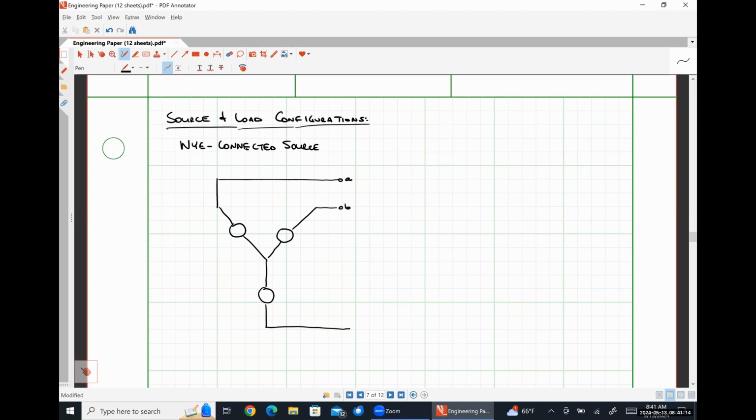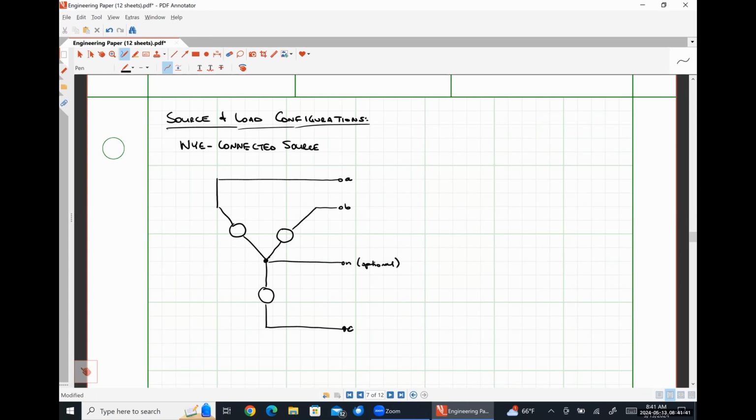And now let's take some time to define a few things, okay? So this point of interconnection between all three of my voltage sources is my neutral, just like we had earlier. And so I'm going to call this N, and I'm going to make a note here that this is optional.